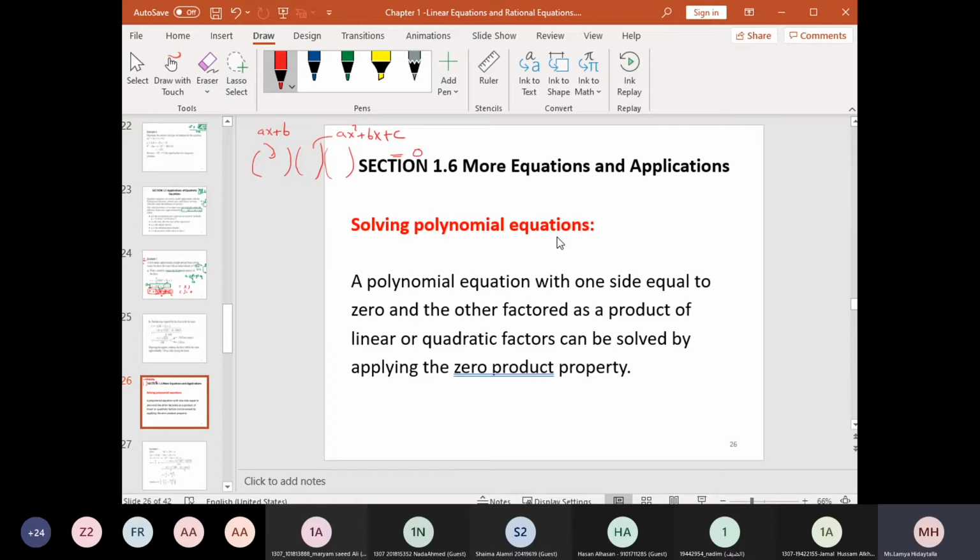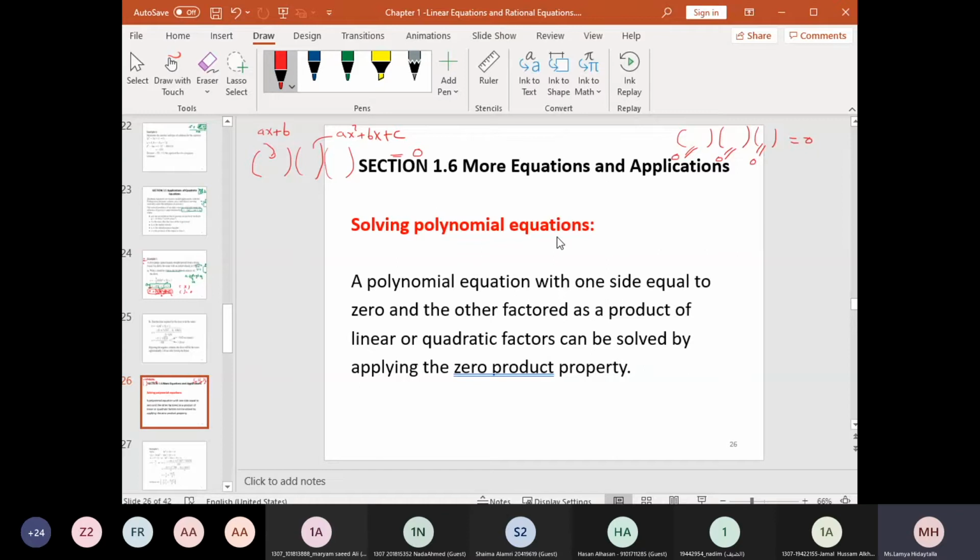Why? Because we had before, if something times whatever is equal to 0, that means this is equal to 0, or this is equal to 0, or that is equal to 0, correct?